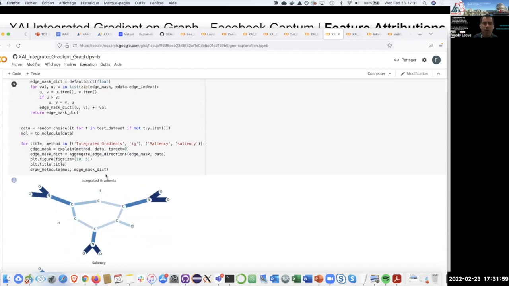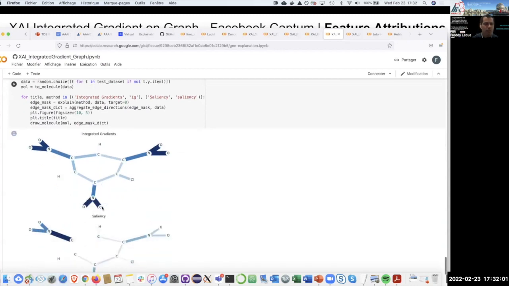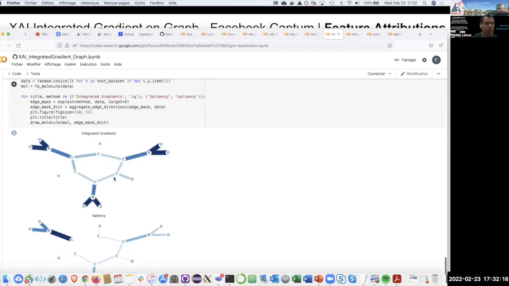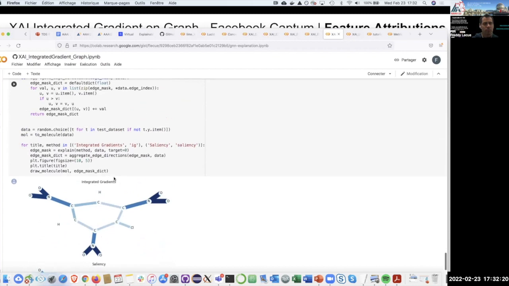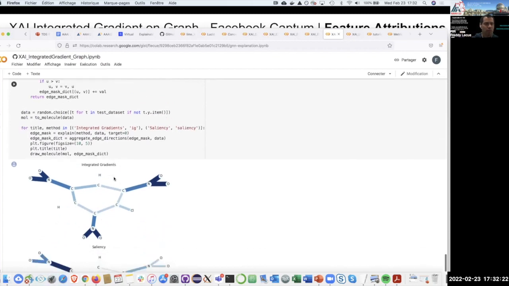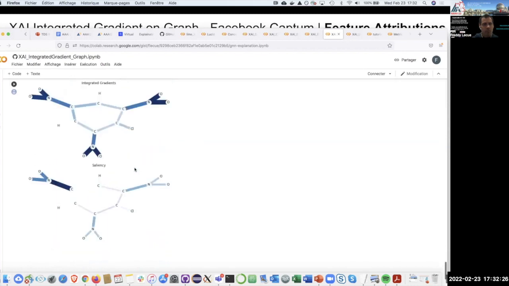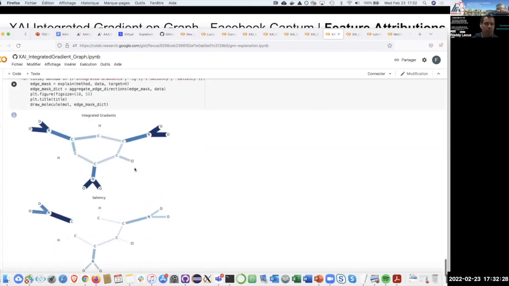Then you just apply that, and the explanation for why molecules mutate is to have those particular substructures over here. That's what made this particular molecule mutate easily, because they have those particular substructures. You can apply this to your graph and try it.